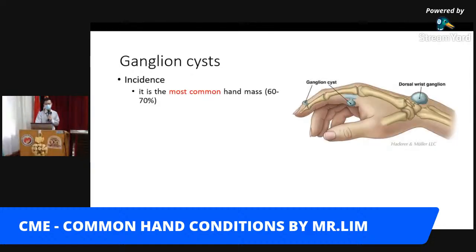However benign it is, it is very common and a nuisance and trouble to our patients, because it affects their cosmesis, sometimes pain. Almost 60-70% of masses, lumps and bumps in the area of the hand and wrist are caused by ganglion cysts.